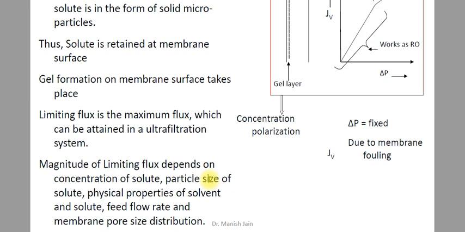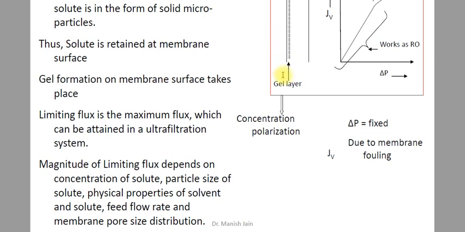If it is small, then the gel layer might be thin. If it is big, then the gel layer might be large and thick. Then the physical properties of the solvent, like density or viscosity. If the viscosity of the solvent is lower, the particles may be easily removed from the surface, so the gel layer might be thin.